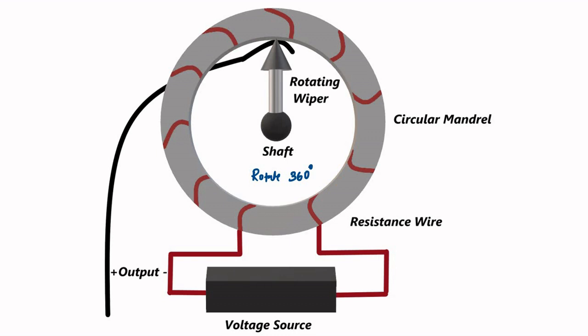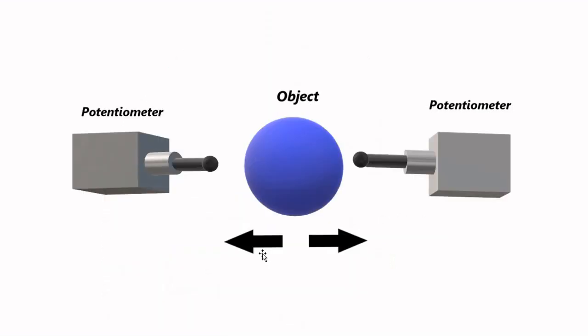Now, how it can be used for different things. First, as I said, is to and fro motion measurement. Let us say we have an object which is placed in the center position and it is free to move either to the left or to the right.